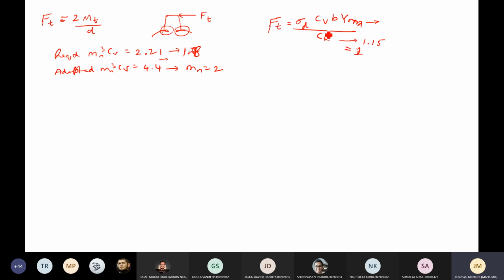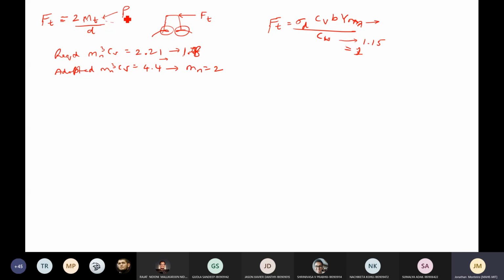But at the same time, this Ft, whatever we calculate for the dynamic factor, is got from the base equation, that is the base condition for which the problem is defined. MT came from the power that is getting transmitted.